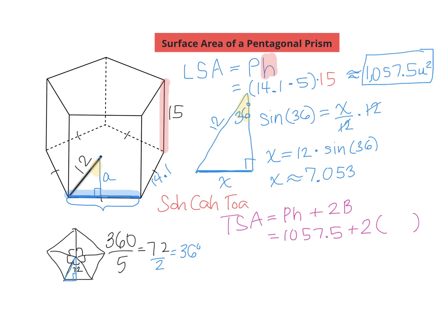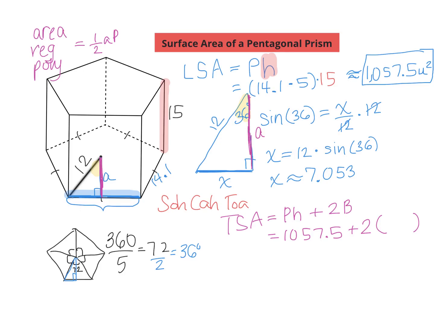So because we already have our triangle set up here, if you remember the formula for the area of a regular polygon, let me write that right here, area for a regular polygon is going to be 1/2 the apothem times the perimeter. Okay, so this is my apothem, the distance from the center of the polygon perpendicular to one of the sides. That means I need to solve for this side, because I already have the perimeter of my pentagon.